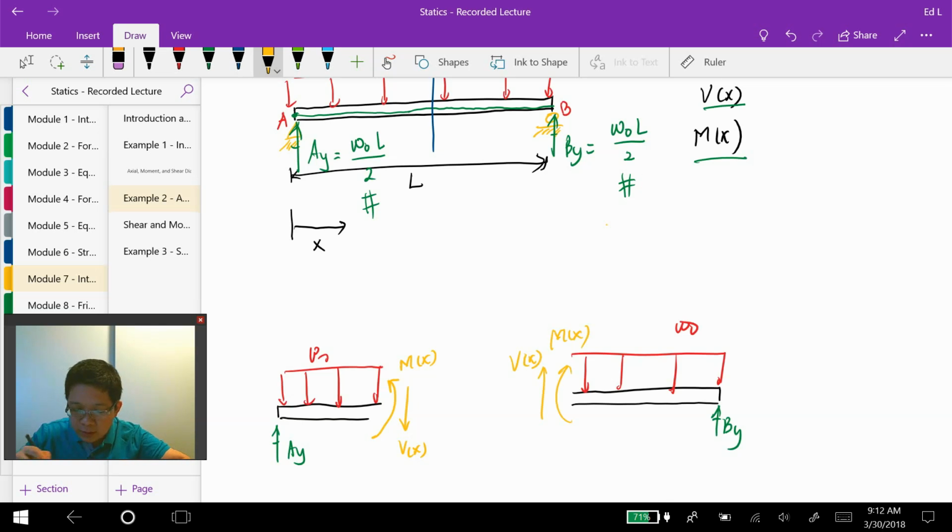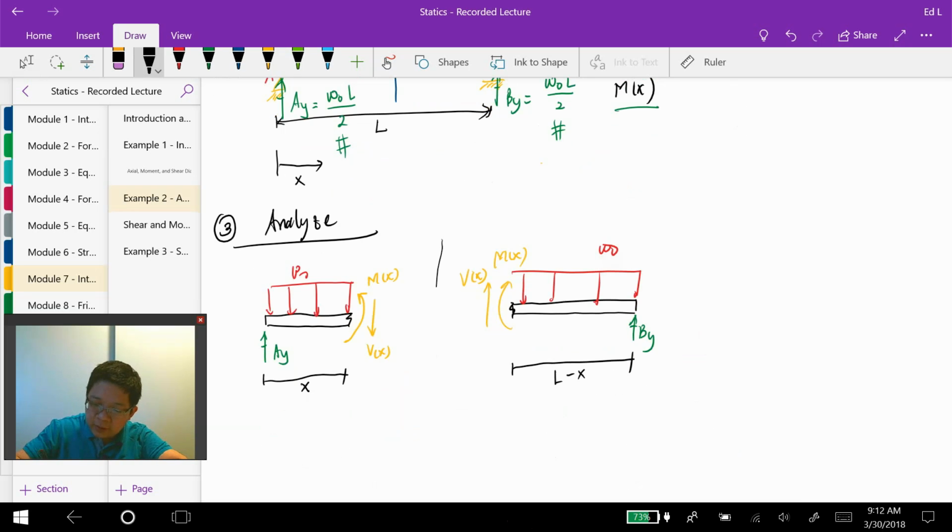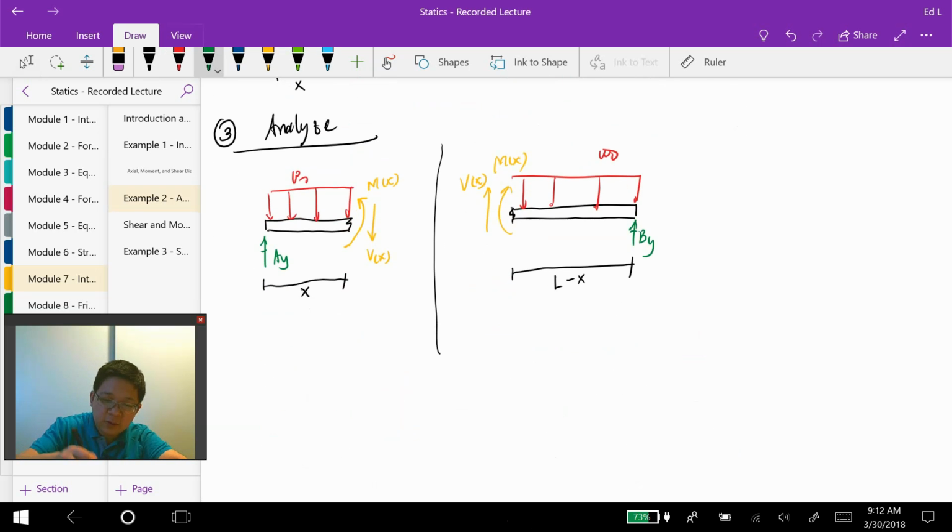Here we have a distance X, similar to what we have done in example 1, and the distance here is L minus X because the total length of the beam is L. Similar to the previous examples, once we have the left-hand and right-hand free body diagrams, we can use them to construct our shear and moment equations.